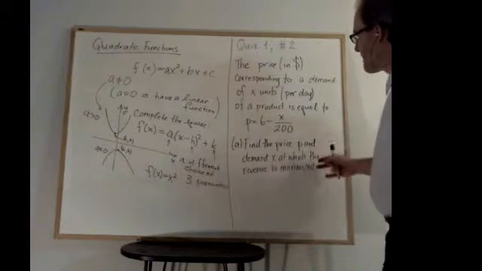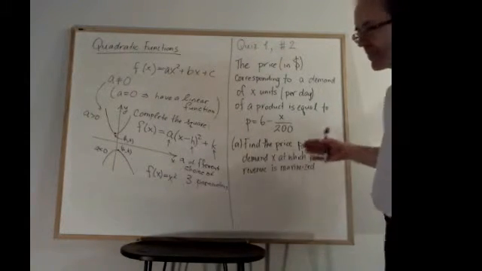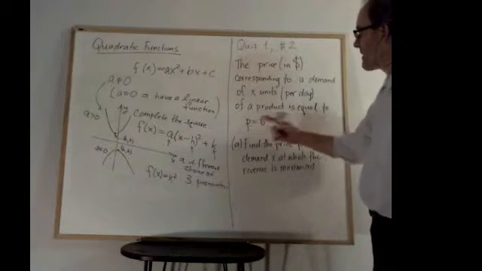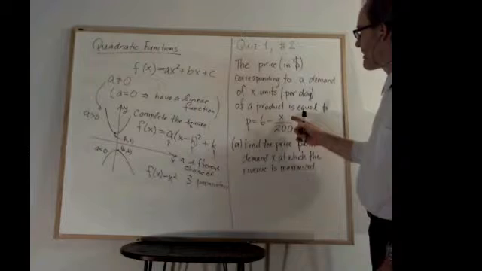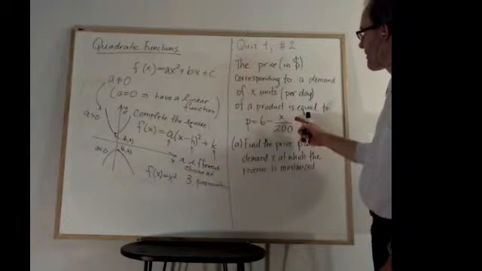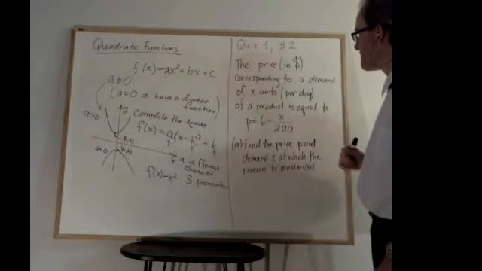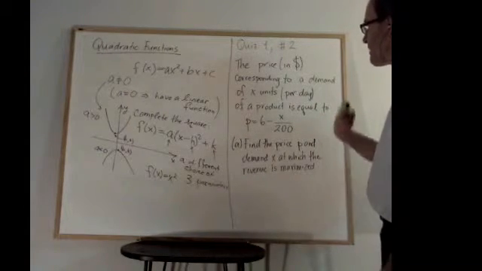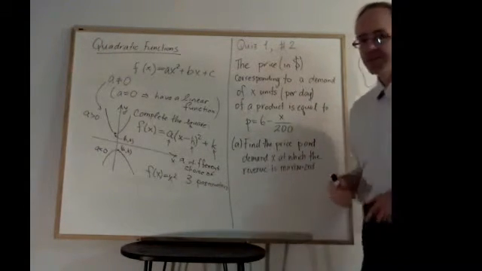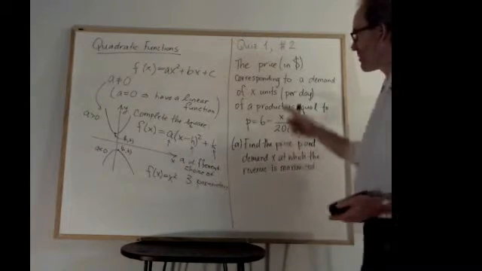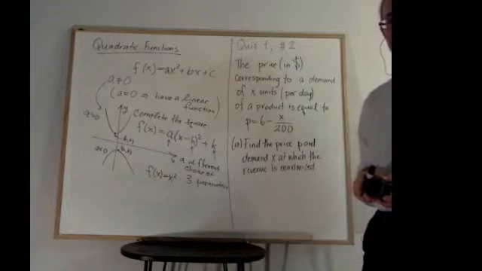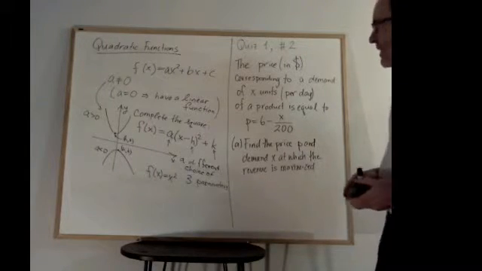Okay, so now what will happen here is that this is a linear function. P, the price, is shown here as a linear function of the demand of a certain product. So the demand of a certain product is basically how much of that product can you sell per day? How many items are people willing to buy per day?